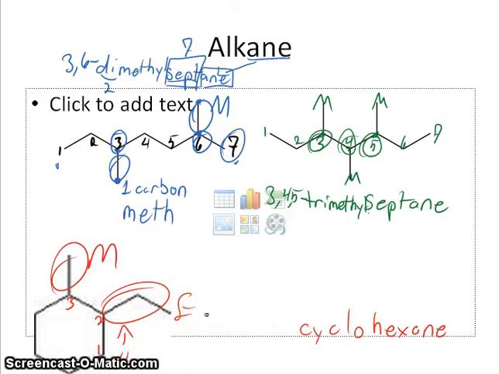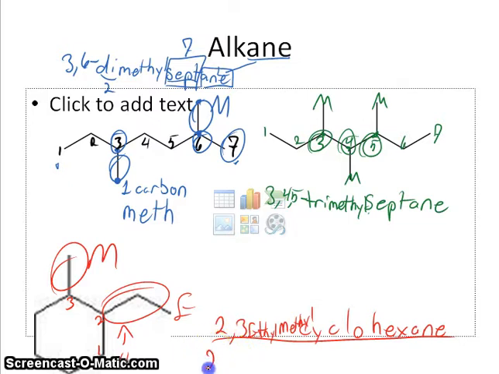When naming this, it's possibly the most important and absolute rule in organic chemistry that you name it alphabetically. So we're going to start at 2, and then 3, ethyl, methyl, cyclohexane. That's the molecule here.